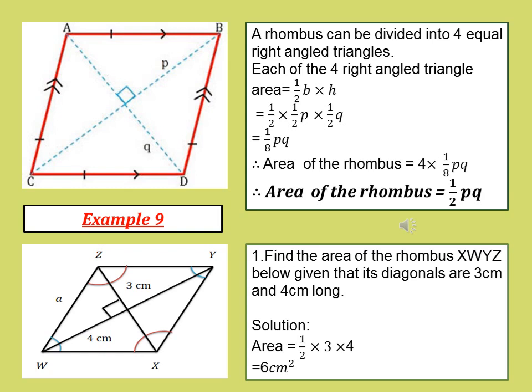And therefore, the area of this rhombus will be a half times 3 times 4. That will give us 6 centimeters squared. So you can say the area of a rhombus is the product of its diagonals times a half.